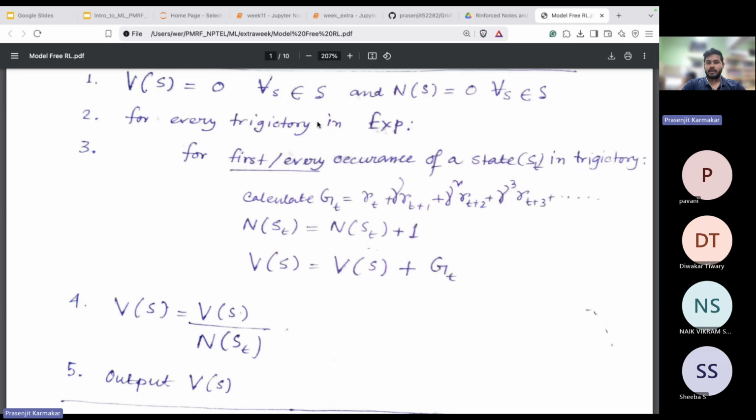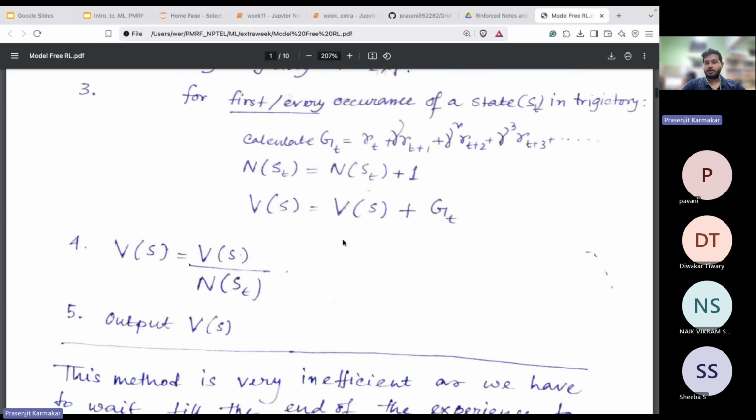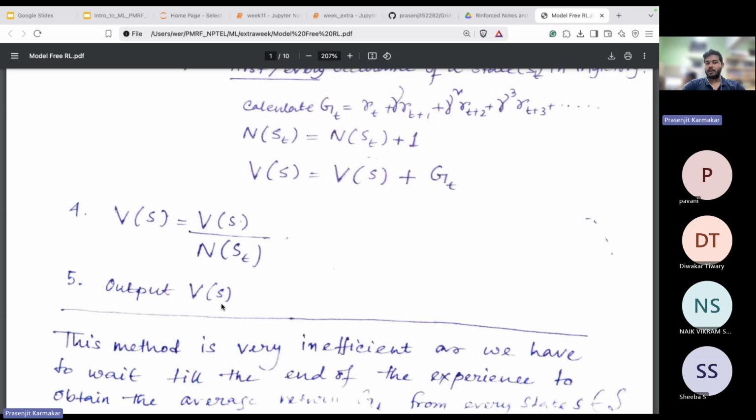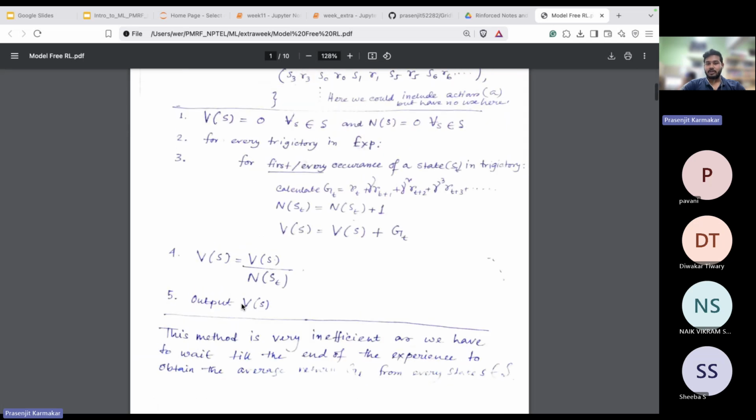After you exhaust all the experience, you have two values: the total return for a particular state for all the states, and the total number of times a particular state is visited for all the states. You just do a division to get the average return, and then you can output the value function based on that experience.